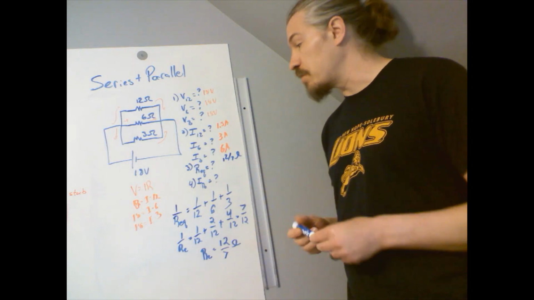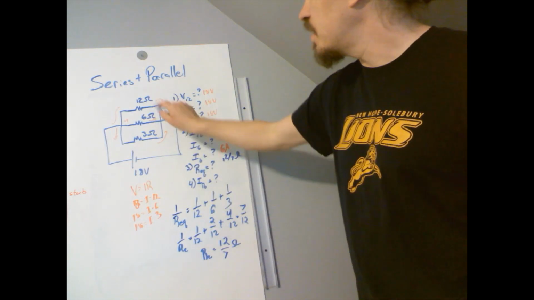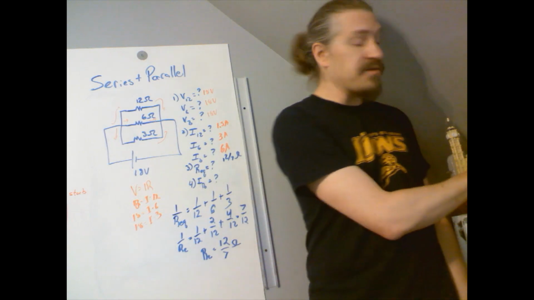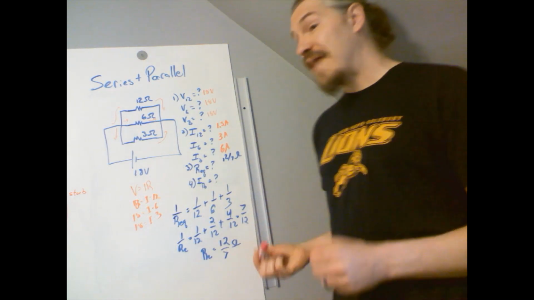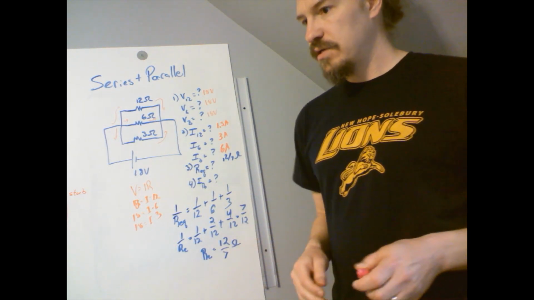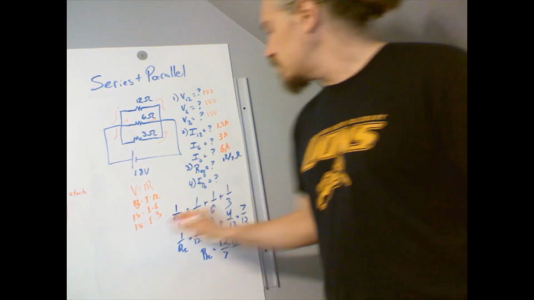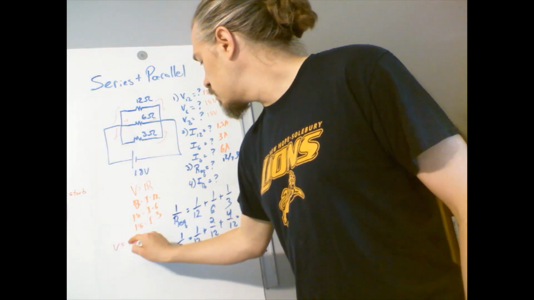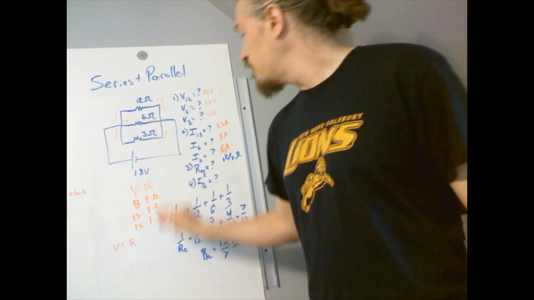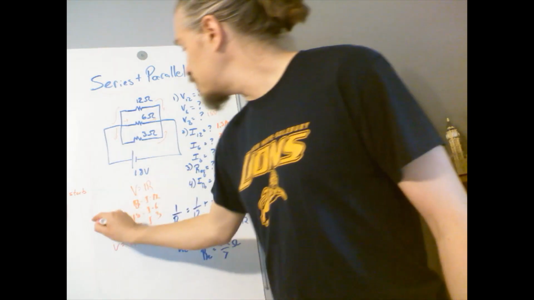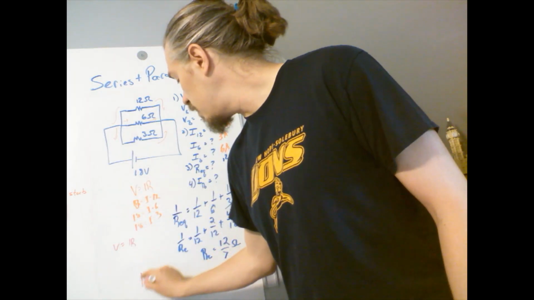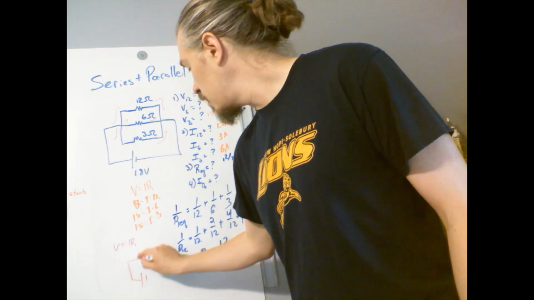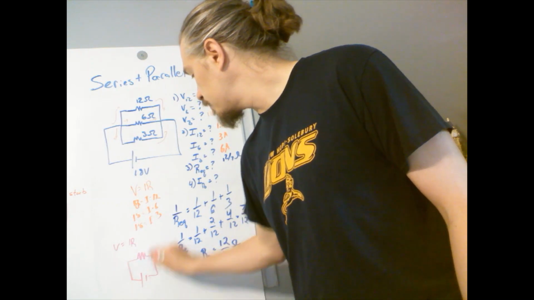the total current, the current through the battery, the current after these all combine back together. We actually have two ways of doing this. One, we can say, well, V equals IR for the equivalent circuit, which is just, we have a battery and a resistor.